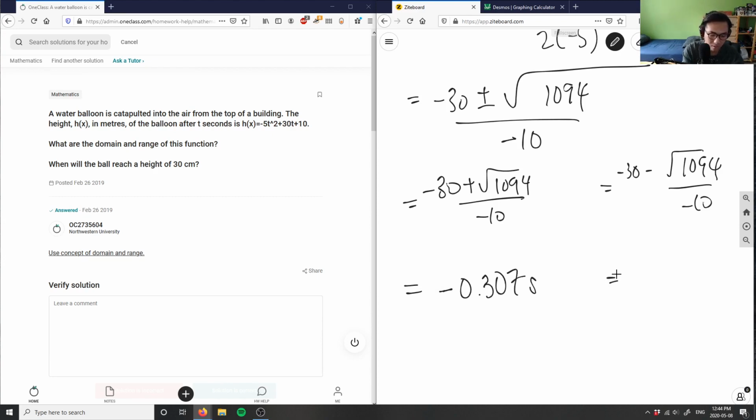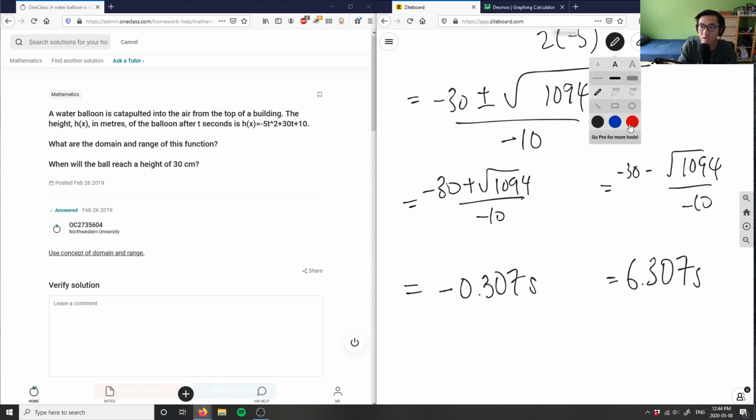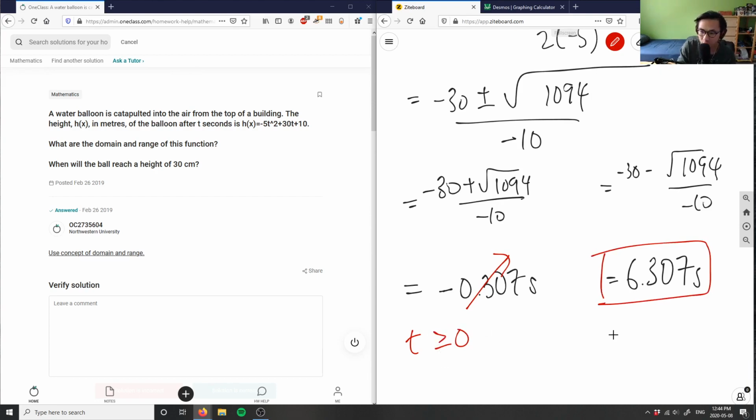And I should get a positive value of 6.307 seconds. Because I can't have a negative time, I can reject the negative answer. t has to be greater than or equal to 0. So therefore, 6.3 seconds is my answer.